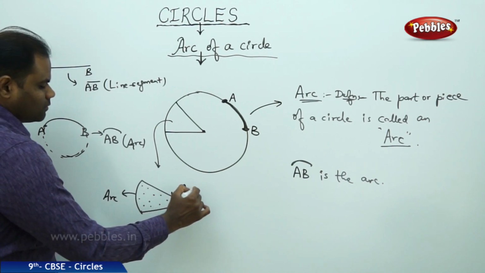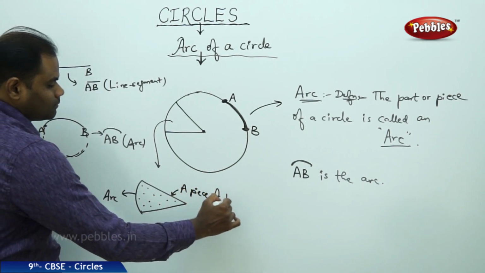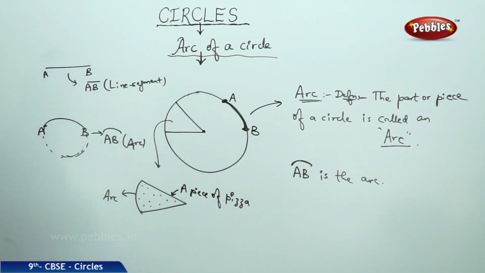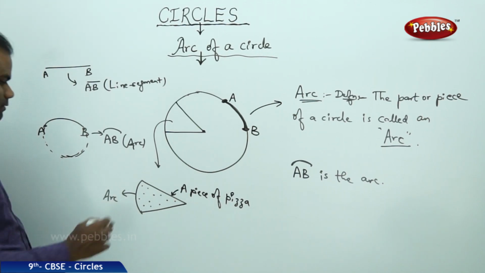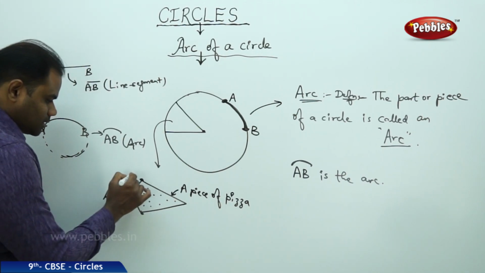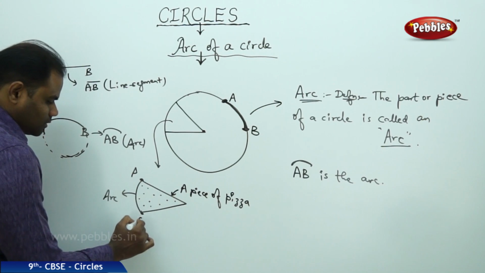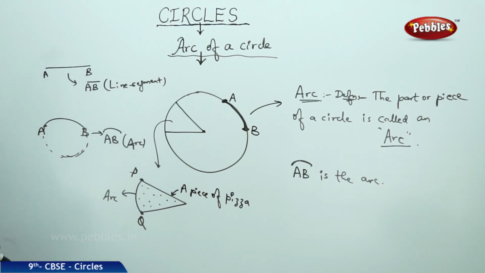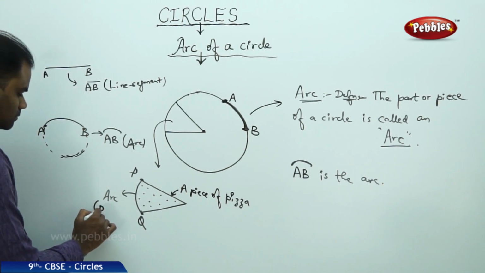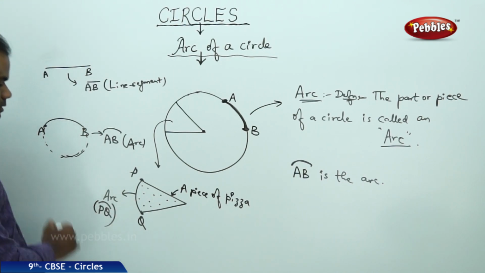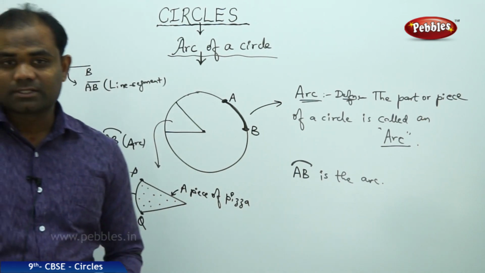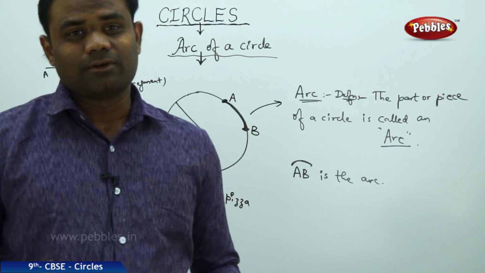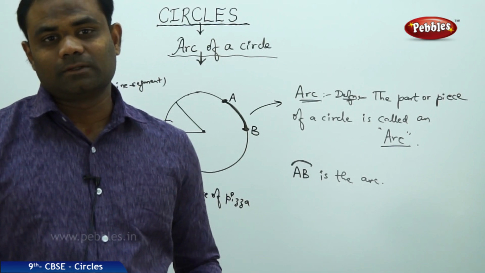A piece of pizza is connected with an arc. So the outer edge with endpoints taken as P and Q defines an arc. So arc PQ is an arc with its symbol. That is how we understand the arc of a circle. A part or piece of a circle is an arc.